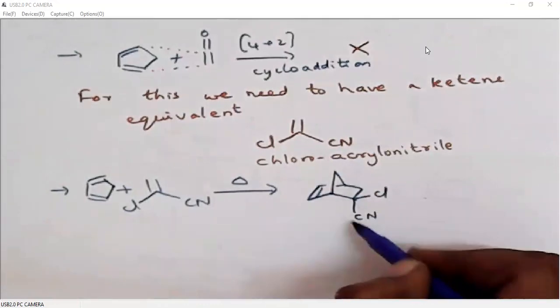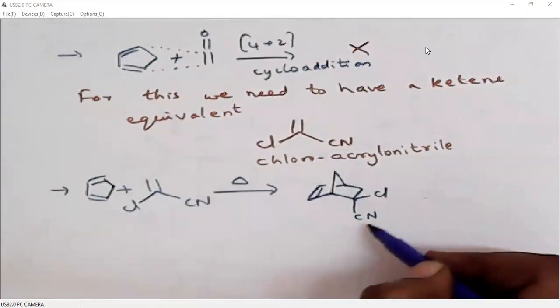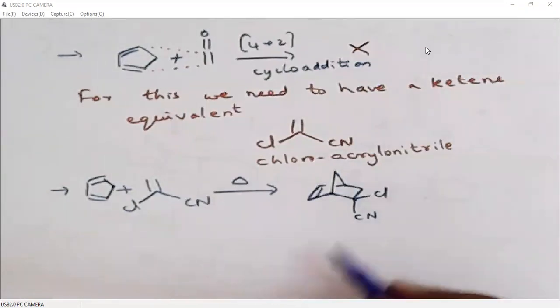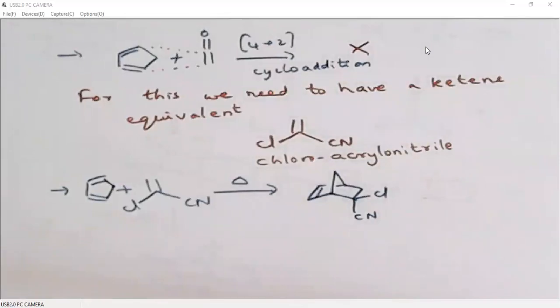So this is an endo group. That is why I am writing the nitrile below the plane. Chloro is not an endo group and it will not support endo selectivity.